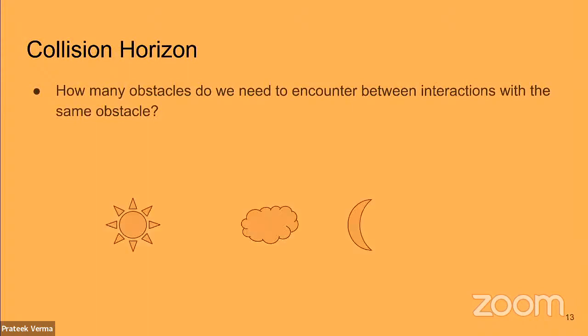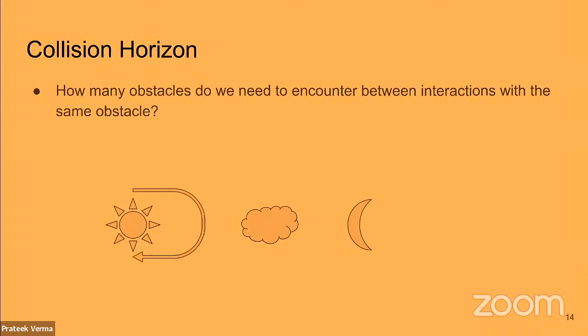So we have a little example here where we have these three obstacles. We have a sun, a cloud, and the moon. In this case, we know exactly where these obstacles are. We're just uncertain about how big they are, just for our cartoon example. So it might turn out that the sun is actually twice as big as we expected, right? And that's where our collision risk is coming from.